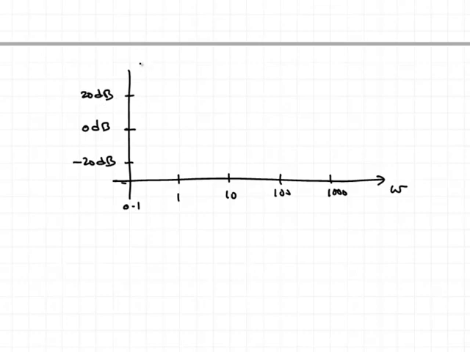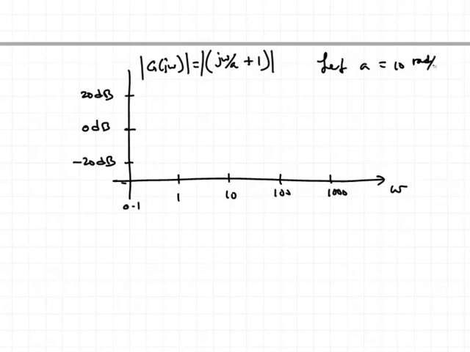So if we were plotting the magnitude of g of omega, where g of omega is equal to j omega over a plus 1, and let's let a in this case equal 10, 10 radians per second.